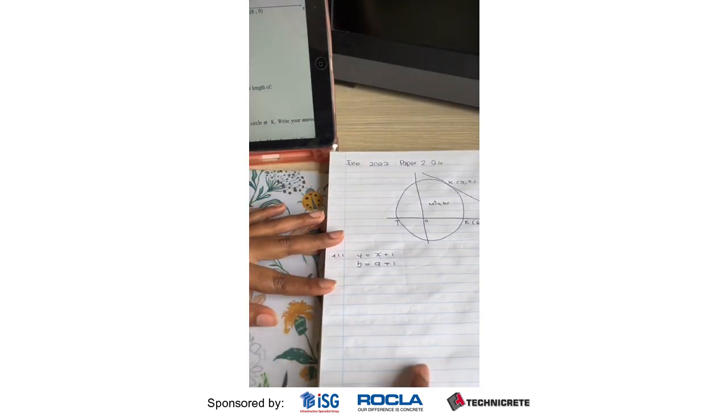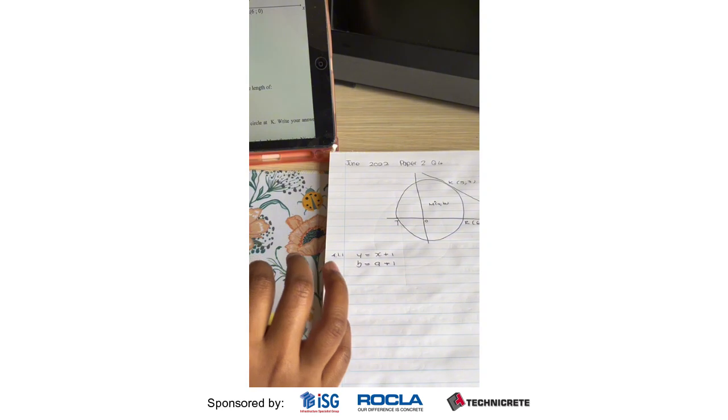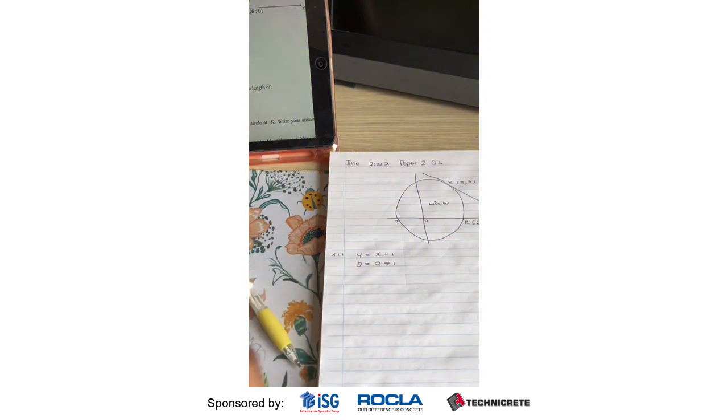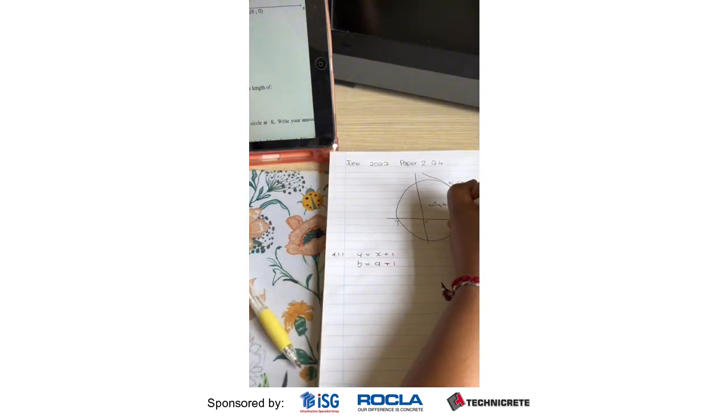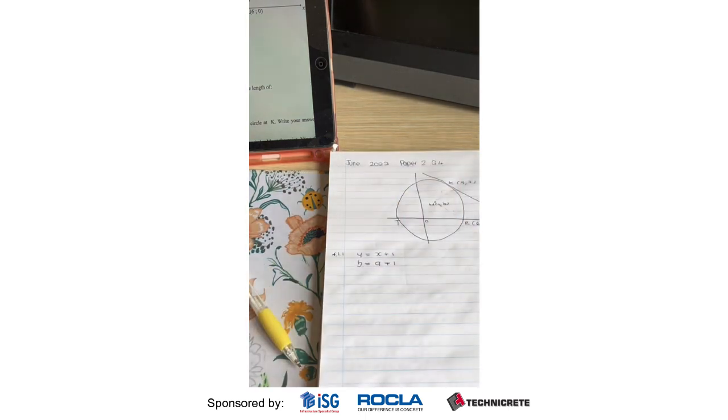Okay, so what we can notice here, and this is a key point, is that MR and MK are both the radius of the circle.